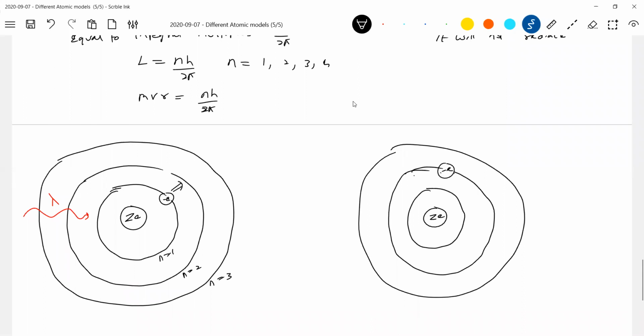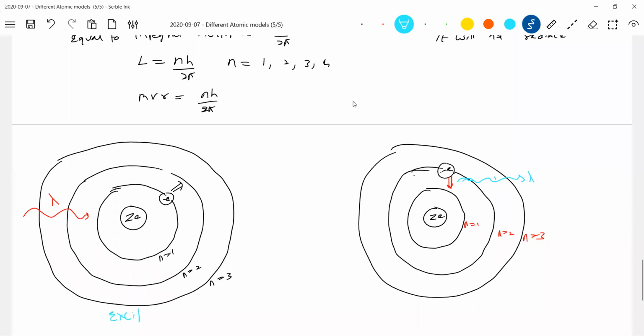When it makes a transition from the higher state to the lower state, it will give out energy in the form of a photon. This particular photon corresponds to the hydrogen spectrum, and he was able to explain the hydrogen spectrum with the help of this.